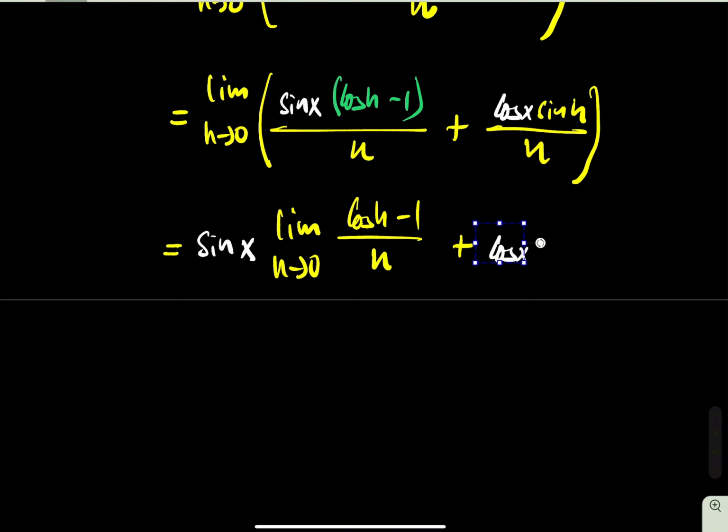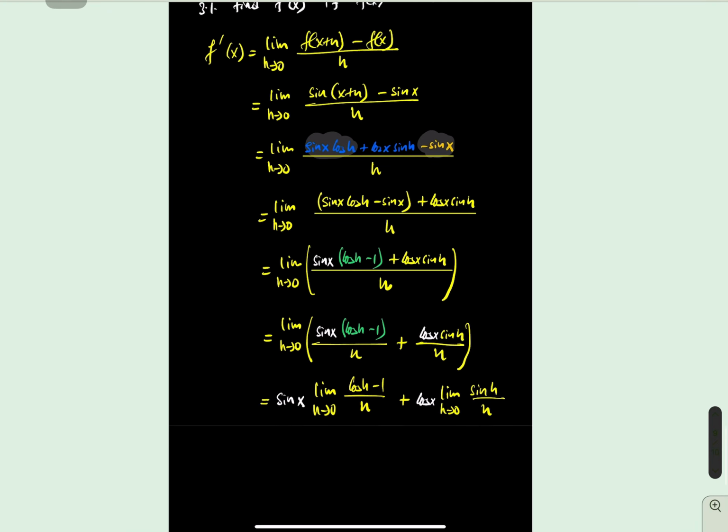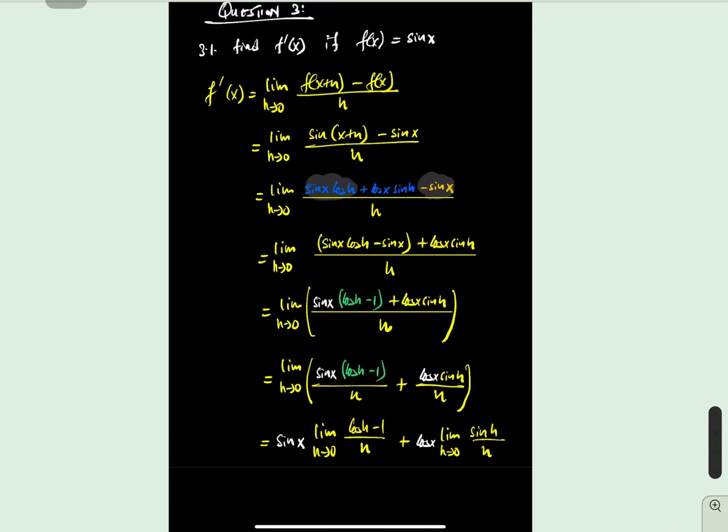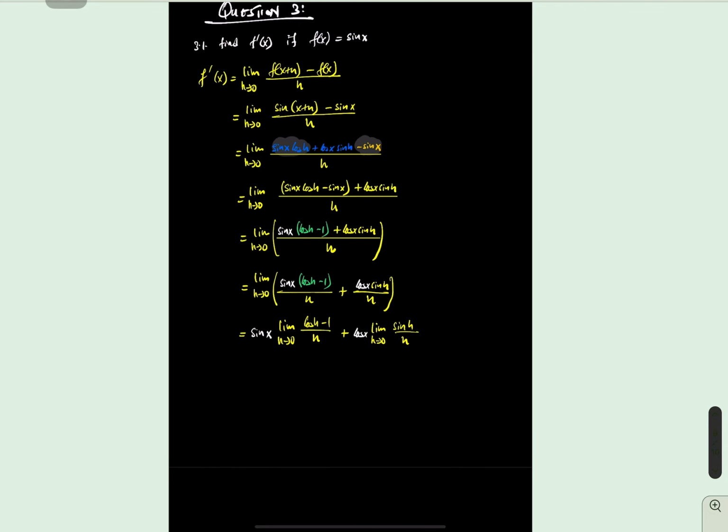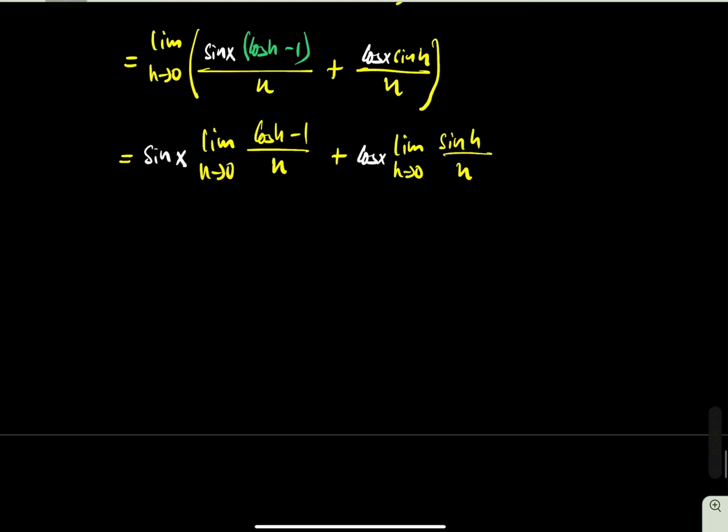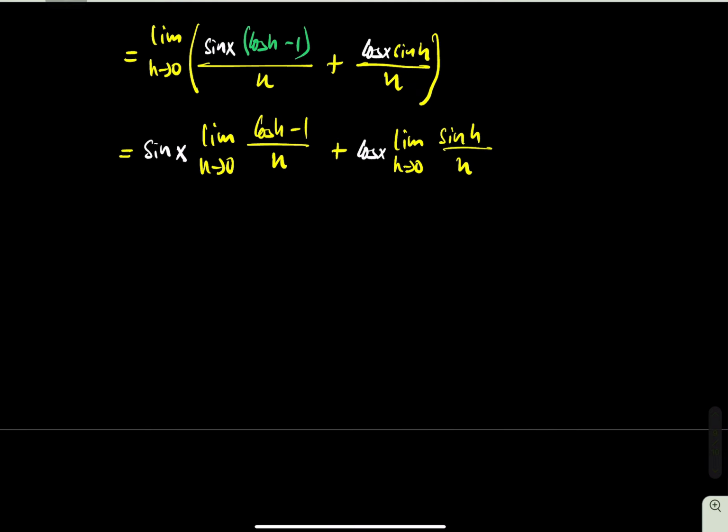I'm just going to put it here, and now I evaluate the remaining stuff. That's the limit as h goes to 0 of sine h over h. You'll see that, let me try to reduce that for more space there.